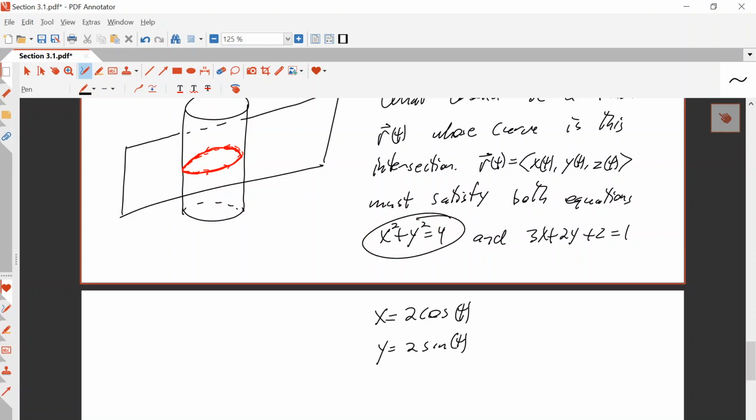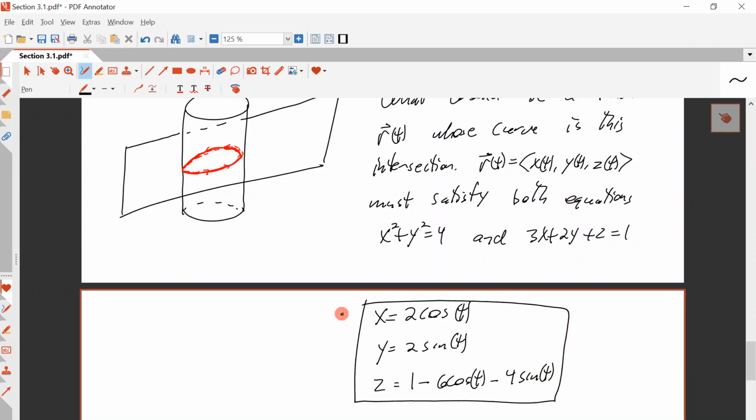Now write z so that it satisfies the equation with the x and y that we're given. So z is equal to 1 minus 3x minus 2y, so that's minus 4 sine of t.